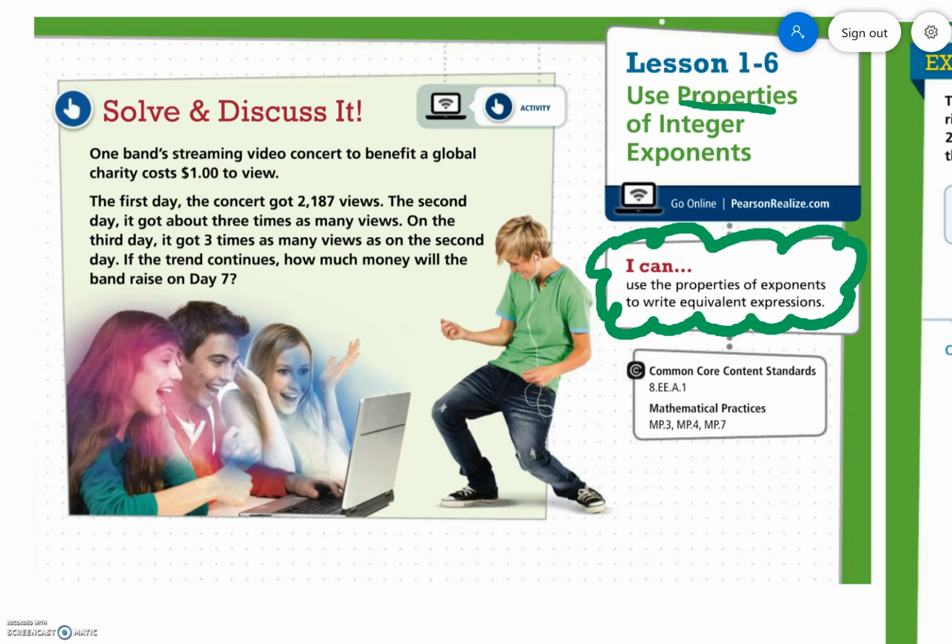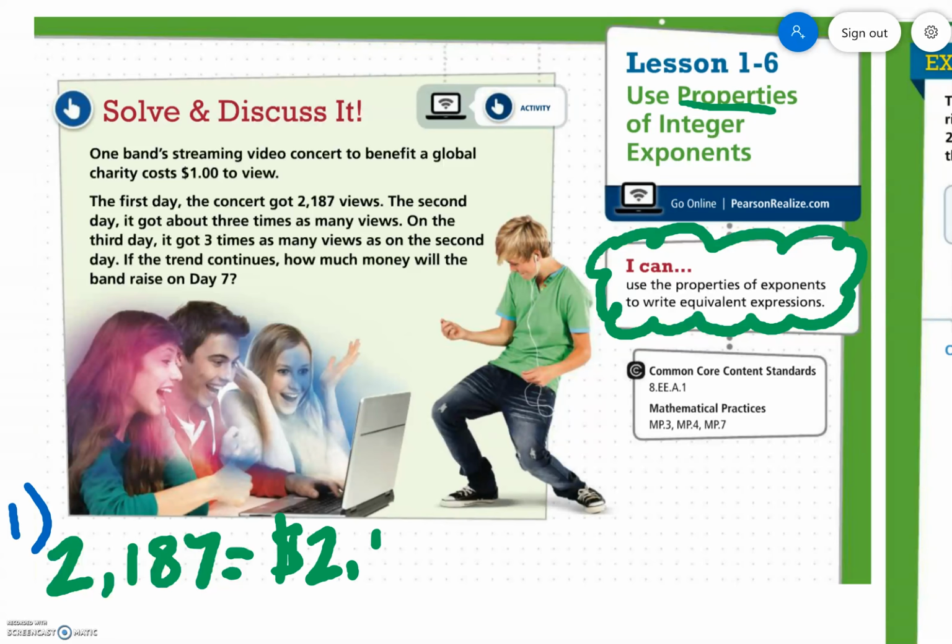Okay, so if the first day they got 2,187 views, and each view cost $1, how much money did they make on the first day? They made $2,187. On the second day, it said their views tripled.